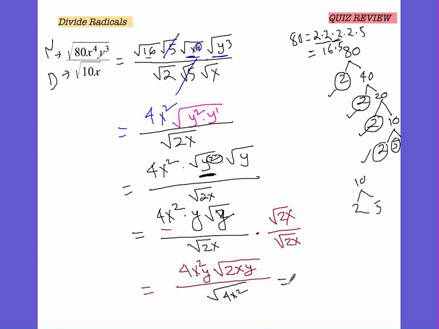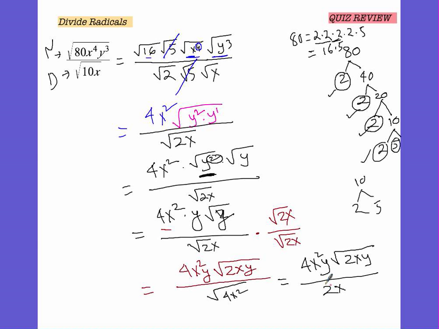Here we go. The next step when we simplify will be this. We have 4x squared times y, that's outside. Inside the square root we have 2xy. Divided by, when I simplify the denominator, I'll simplify square root of 4 as 2 and square root of x to the power of 2 as x. Now I see if there's anything that can be cancelled out from the top and the bottom.